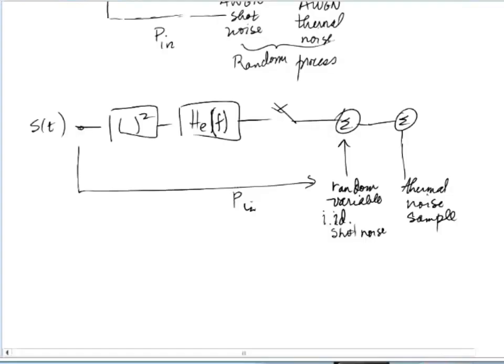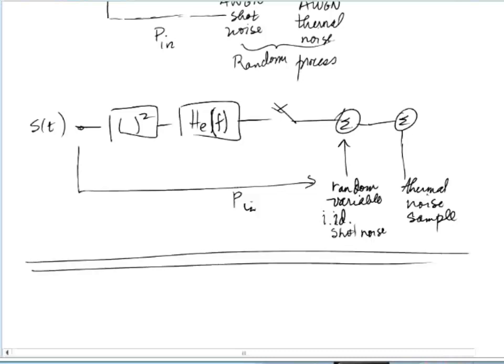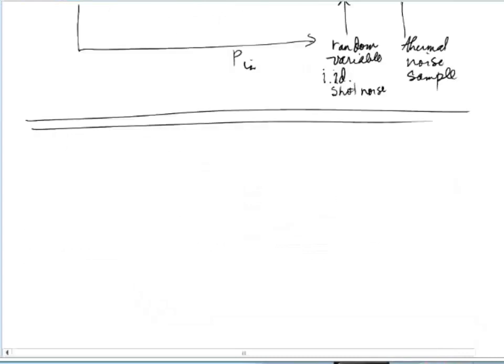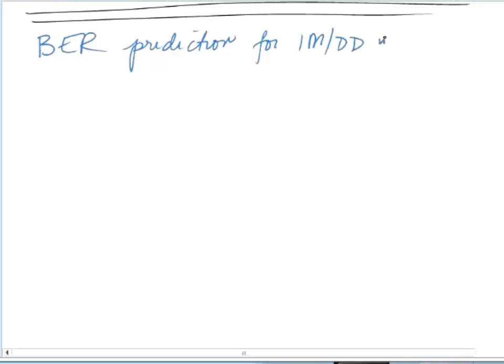I'd like to talk to you about how you would predict the bit error rate based on this theory for the PIN. Let's suppose, as I said, that we're using on-off keying or IMDD.